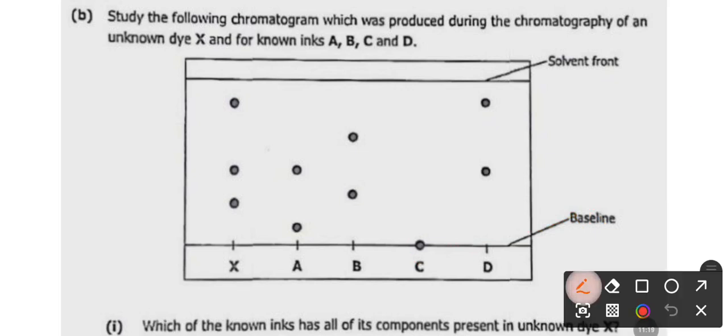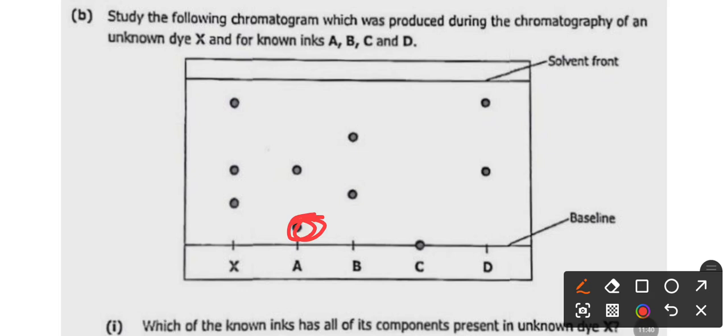So here we should circle the soluble spot. So this soluble spot should surely be this one. Okay. The reason why this one is the answer is because it has traveled the least distance away from the baseline. Okay.